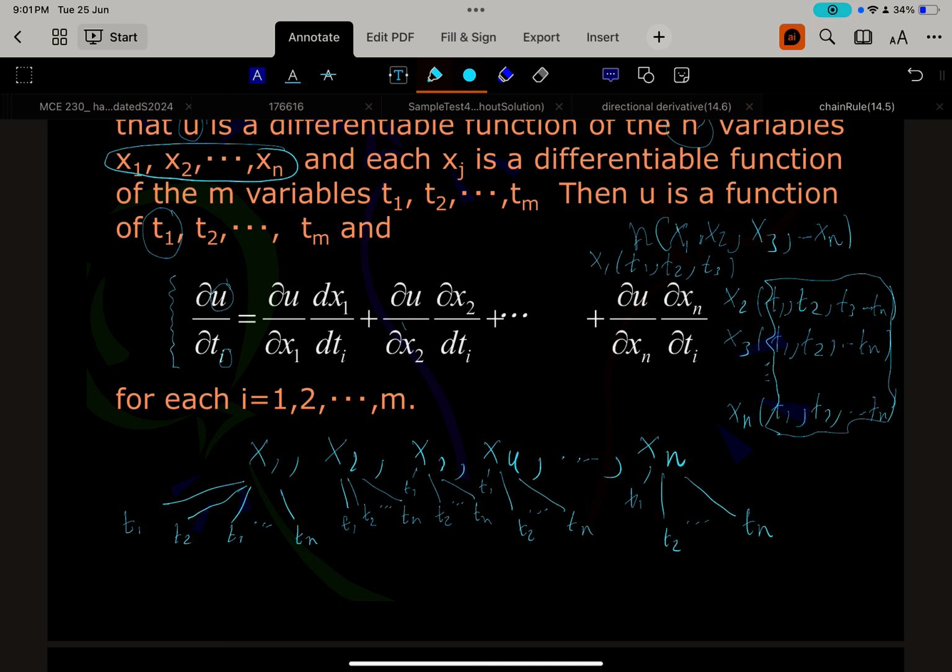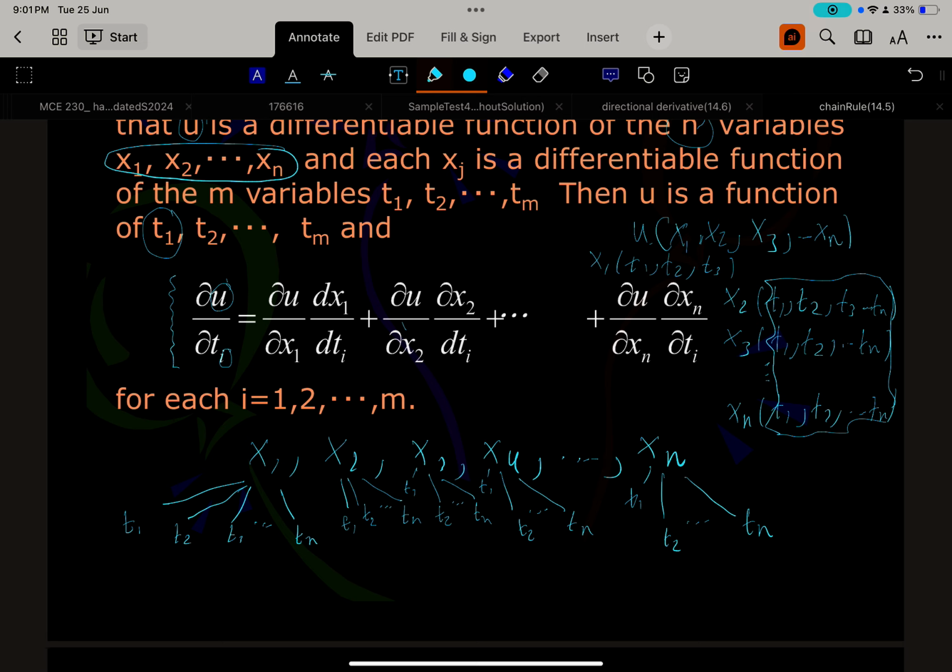Here it's the same. So what we're going to do, we're going to go for each term the same as we did. The partial derivative of u with respect to one of the variables of u, and one of the variables of u is x1. So we take it with respect to x1, and then we do x1 with respect to t1.